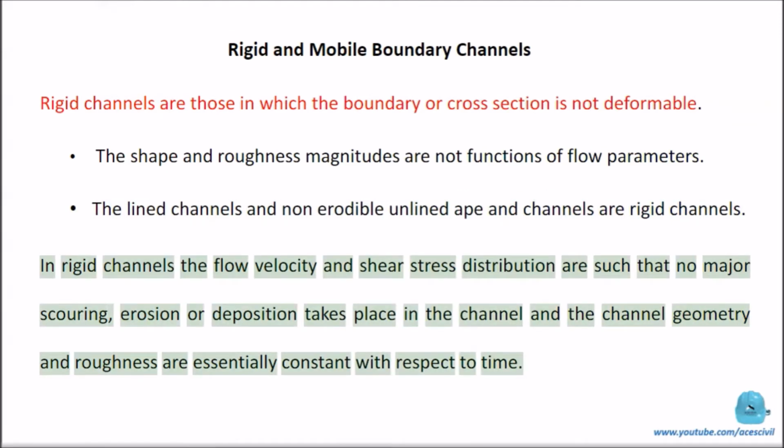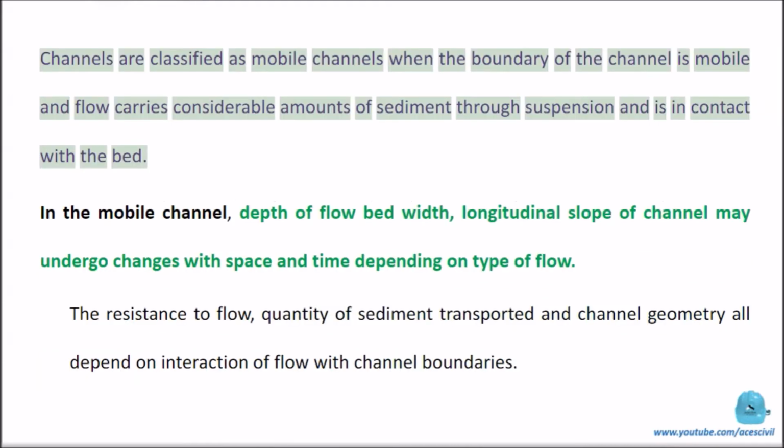In rigid channels, the flow velocity and shear stress distribution are such that no major scouring, erosion or deposition takes place in the channel, and the channel geometry and roughness are essentially constant with respect to time.